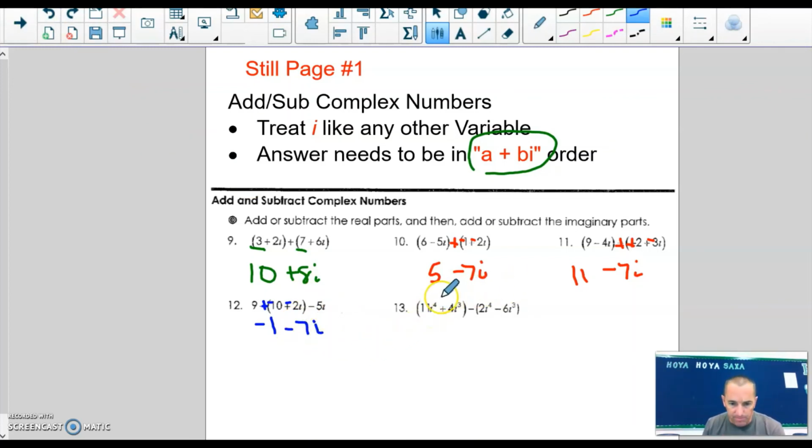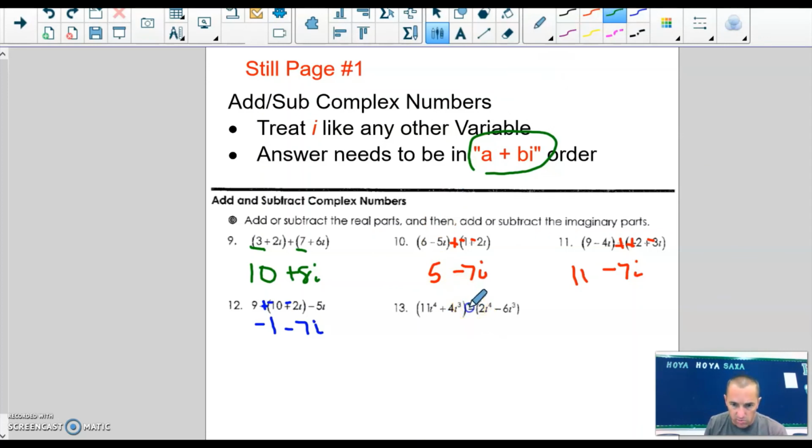All right, last problem. On this one, you'll see that you have an exponent of 4 and an exponent of 3, and they repeat each other. So we'll find the like terms. We do have a subtraction problem, so let's change this up.